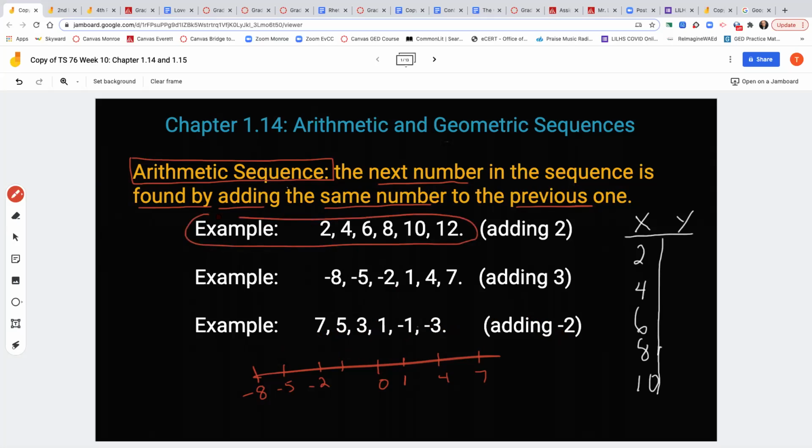It's the same change each time: going up by 2, going down by 3 each time, going down by 2 in this case. We're adding the same number, a 2, a 3, and a -2 each time. That's called an arithmetic sequence.